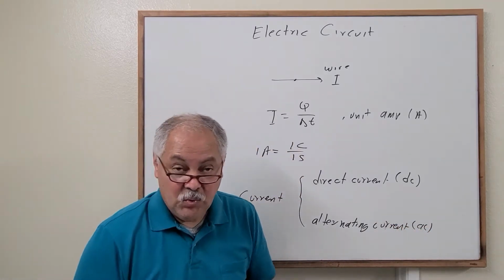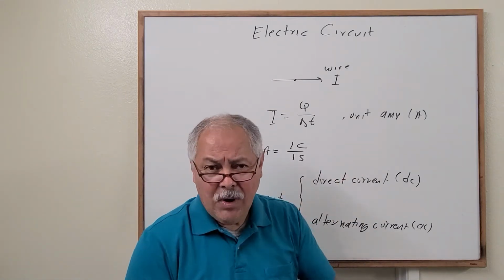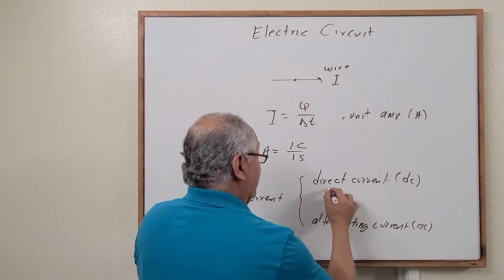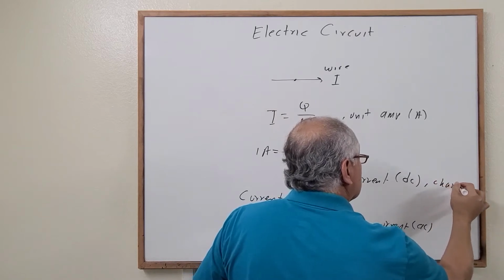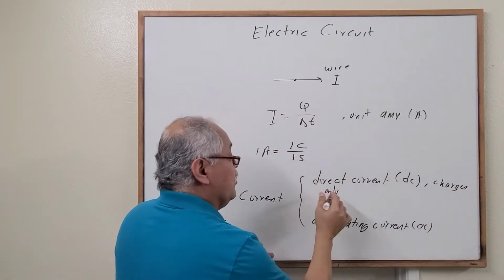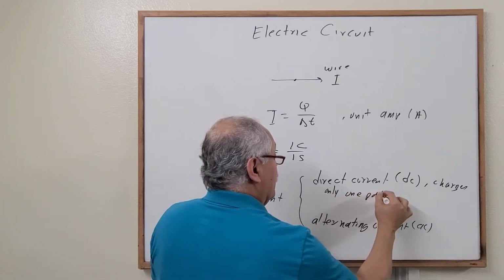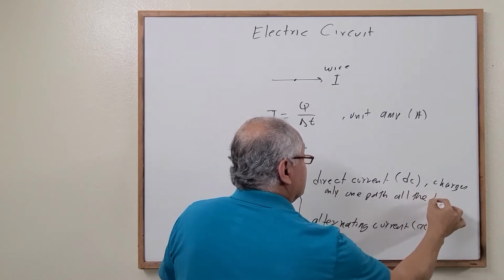Direct current is when the current, or the charges in this case, takes only one path all the time. Only one path, all the time.